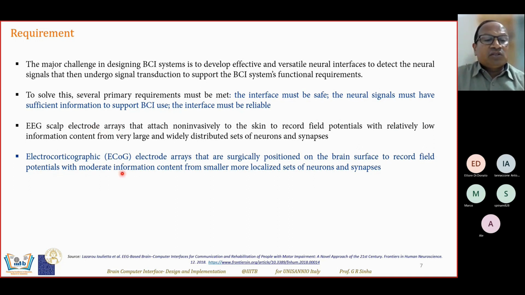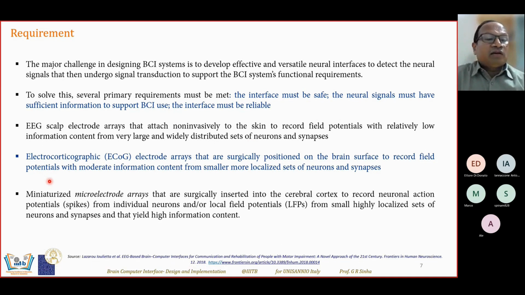In semi-invasive, the information is moderate, from smaller, more localized sets of neurons and synapses, right? So it is a little more localized, whereas in non-invasive, localization is less. It is slightly more in semi-invasive, called ECoG.